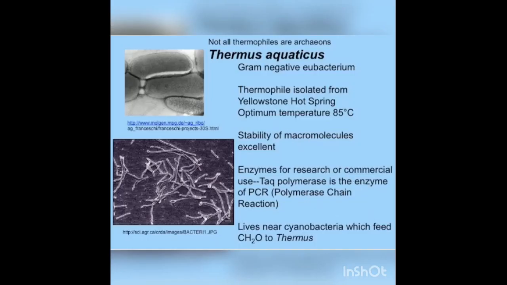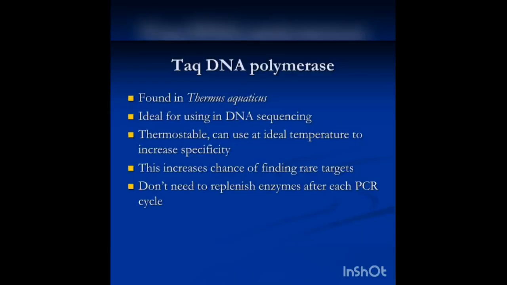There is another bacterium called Thermus aquaticus which can tolerate high temperature. The first DNA polymerase enzyme was isolated from this Thermus aquaticus and it is used in PCR. PCR is nothing but polymerase chain reaction.